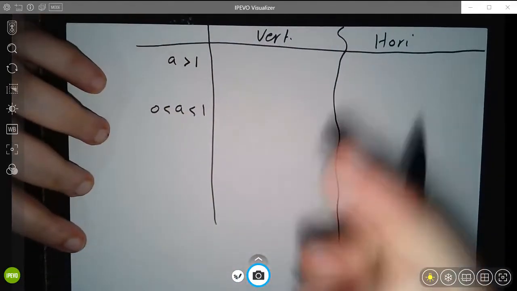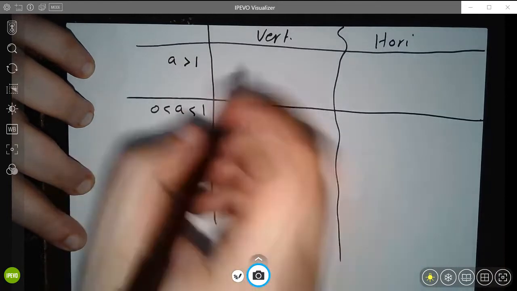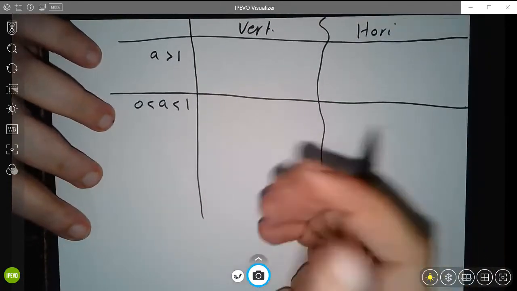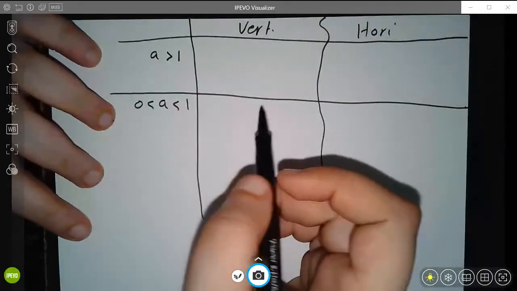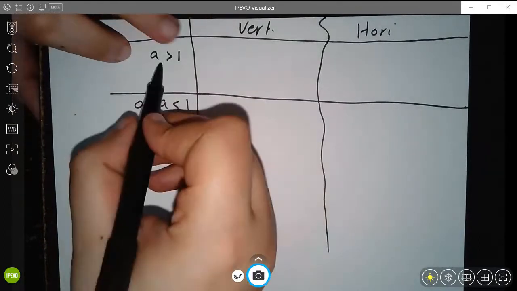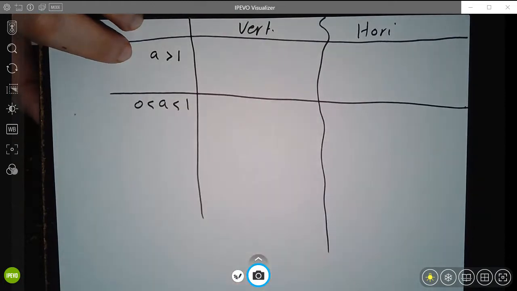Okay? Here's my weird table. I can't draw a straight line to save my life. It's ridiculous. Okay. So when we're doing something vertically, then this multiplication is going to happen what? Outside or inside the function? What do we think?